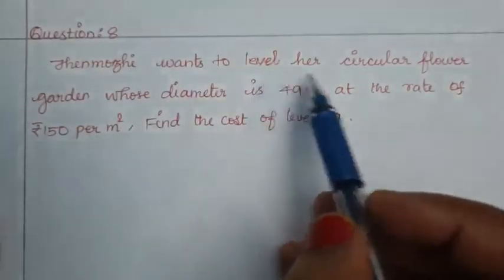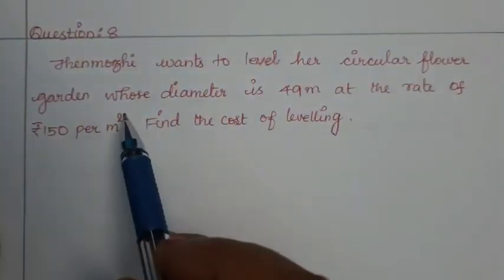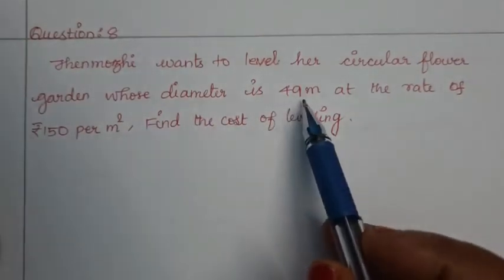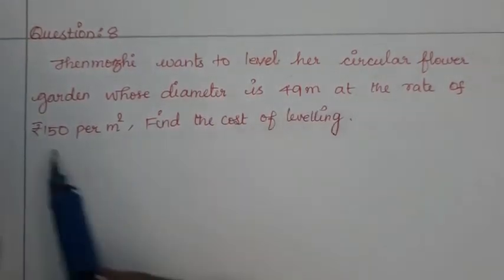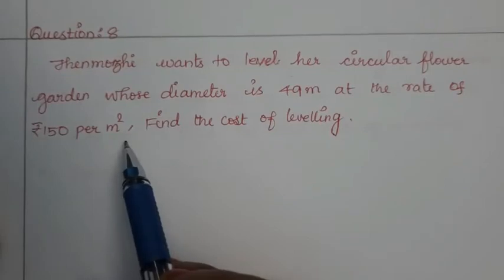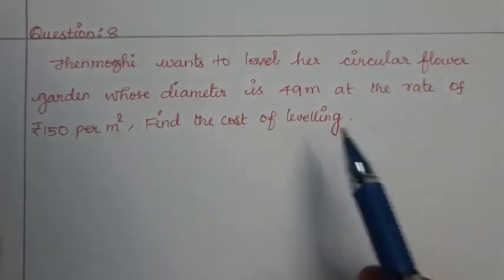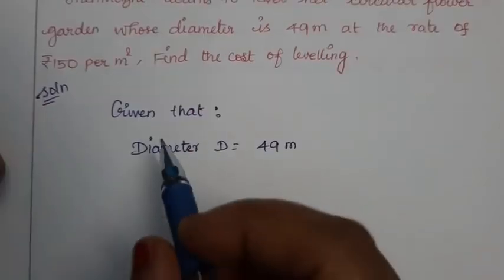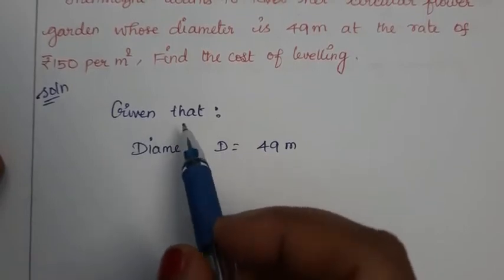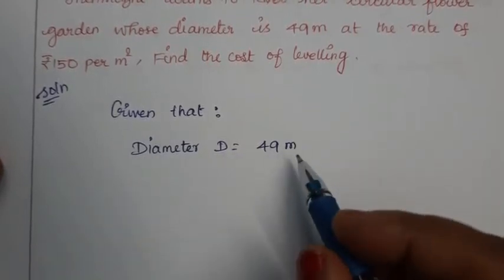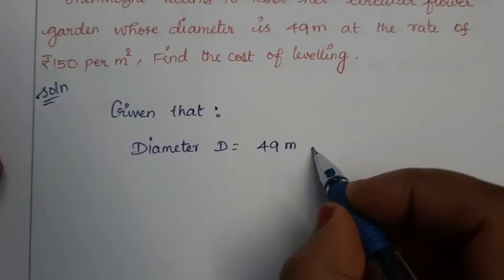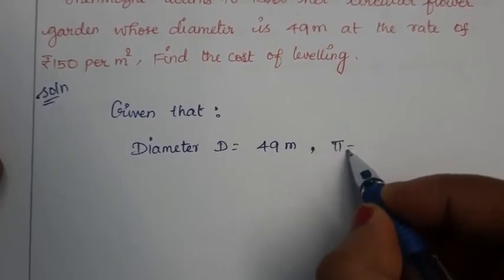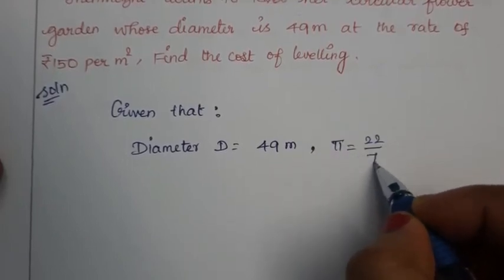Tenmozhi wants to level her circular flower garden whose diameter is 49 meter at the rate of rupees 150 per meter squared. Find the cost of leveling. Here the diameter d is equal to 49 meter and the value of pi is equal to 22 by 7.